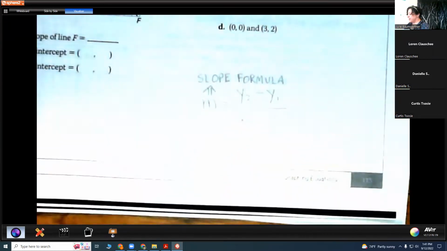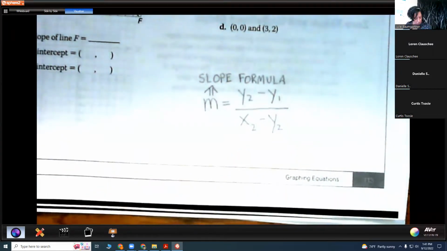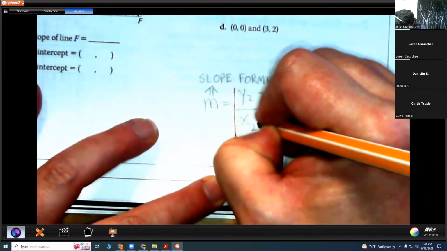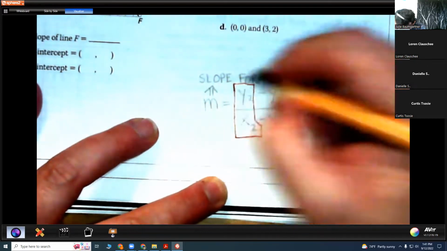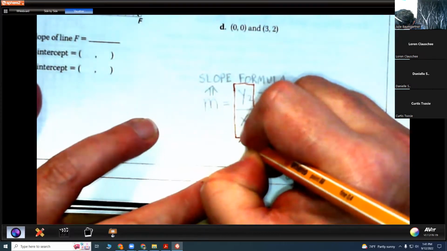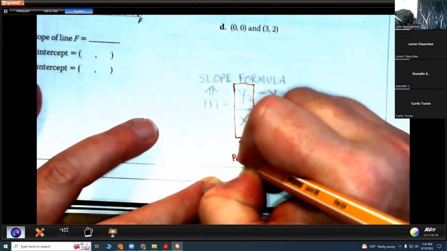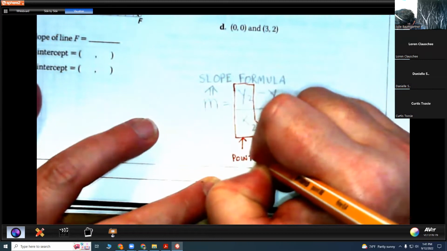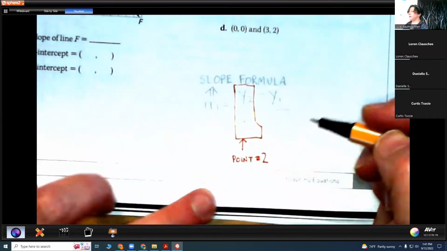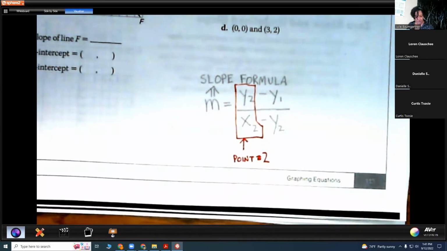Basically, this chunk is one of our points, and point 2 has a y2 coordinate and an x2 coordinate.